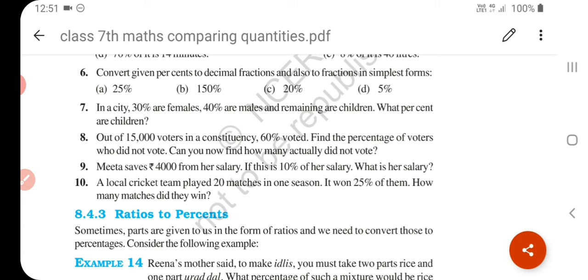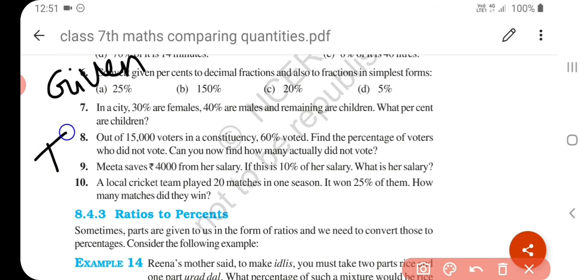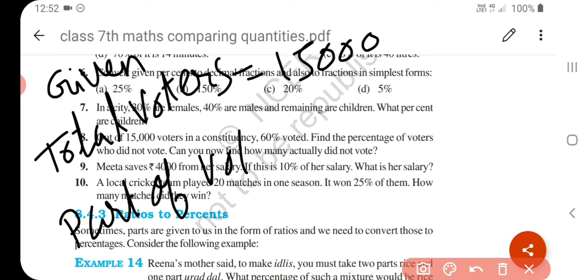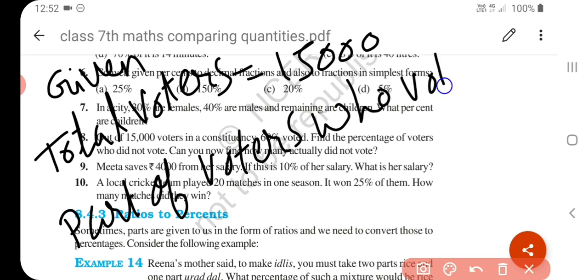Part of voters who voted, what percent of voters voted? 60%. So what is given? You can write it. Given data: total voters is equal to 15,000. Part of voters who voted is 60%.